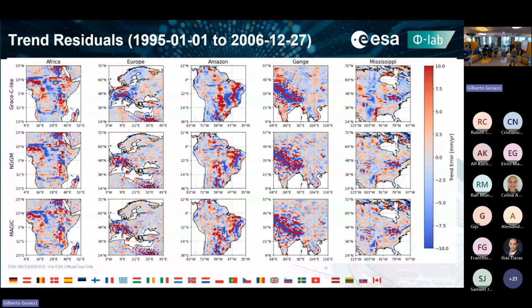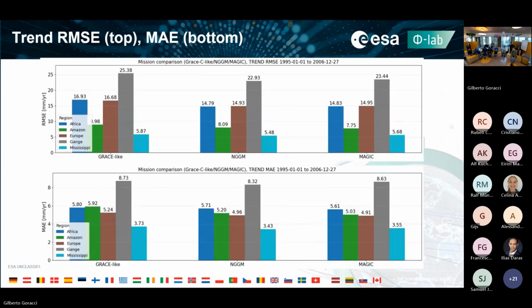And this is true also for the residuals, so basically the error between the trend and the reference trend. Here the errors are much lower for NGGM and MAGIC, especially at the center of the African region and in the Brazilian region in Amazon.